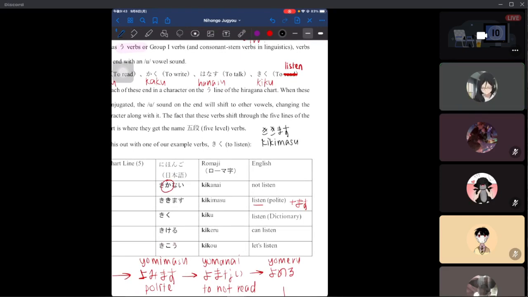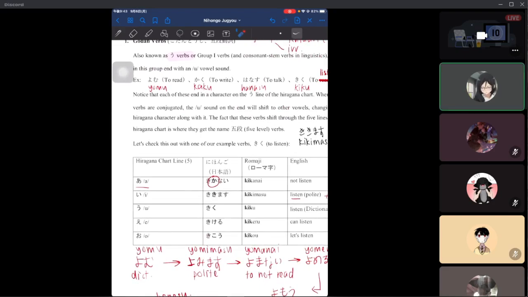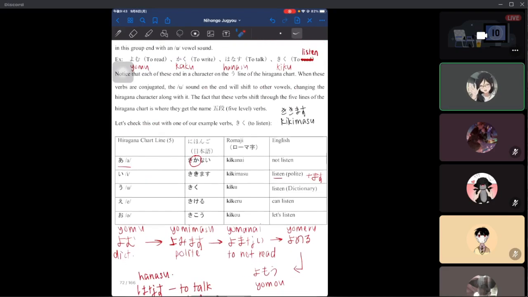This one means to listen, and the dictionary form or the short form is kiku. So the reason why it's called 5 levels is because depending on the context that you want to change it to, you have to conjugate the verb. For example, kiku is actually a u vowel. But when you want to change it into a masu form, you have to change it to the i vowel.